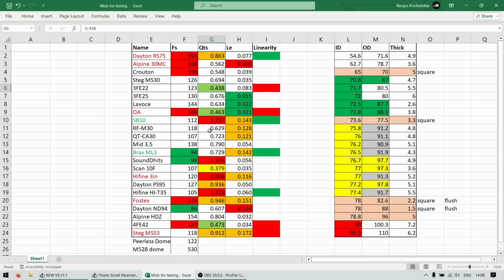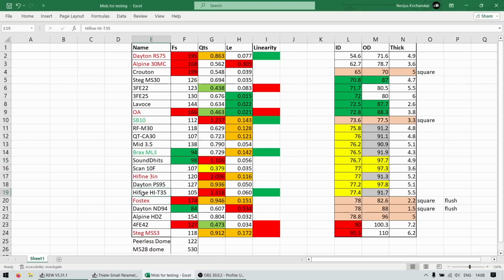All the others are very good, and the red ones. So the red ones are SB10, SB Acoustics, small driver, 1.2 QTS. So 1.2 will definitely have a little peak in the frequency response at the bottom end. This one, the Sound Hits, the one with the low FS, but it has high Q as well, 1.1, so it does stand out.